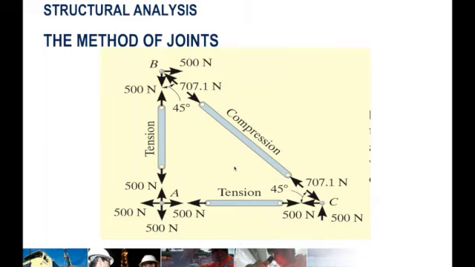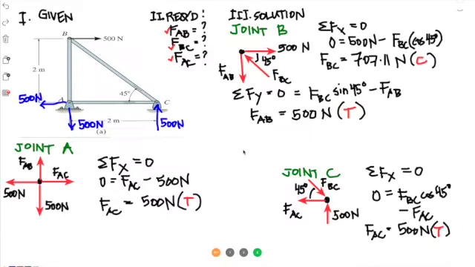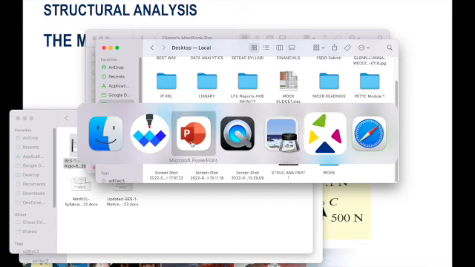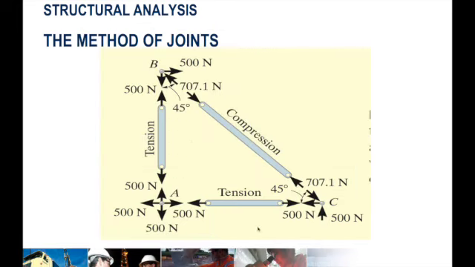So let's try to check that if that's correct. FBC is compression, FAC is tension, and FAB is in tension. Okay, so it's correct.